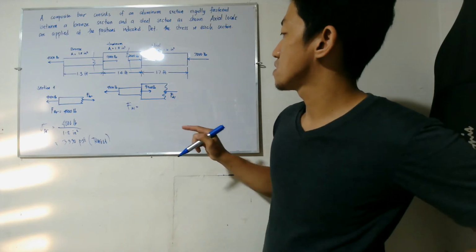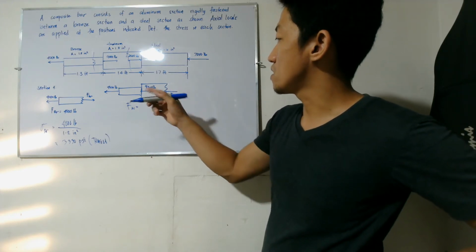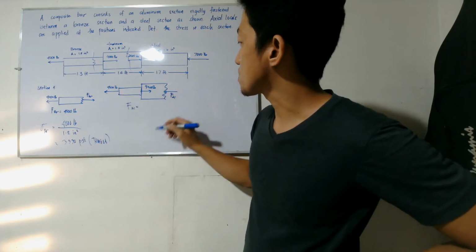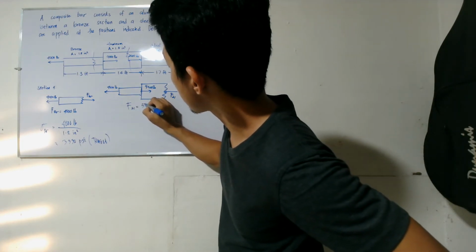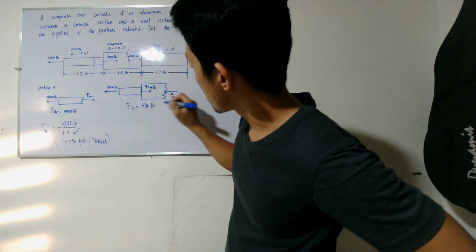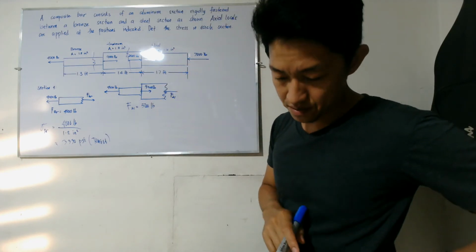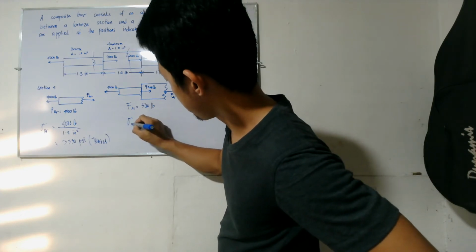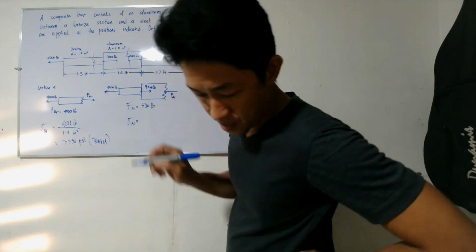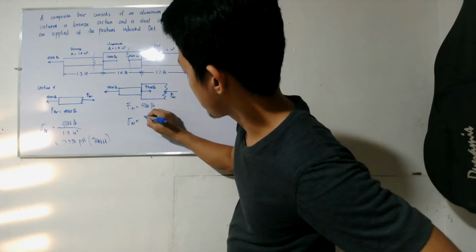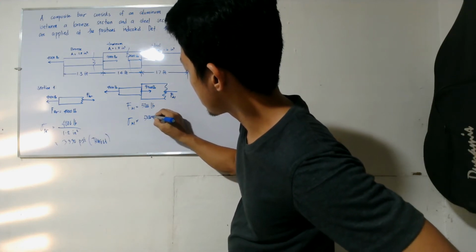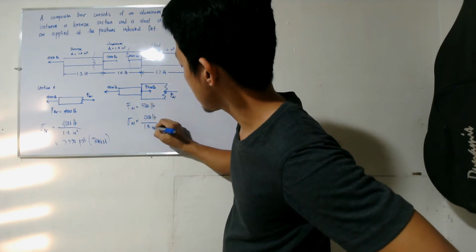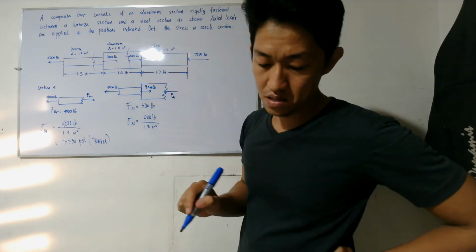If we add the forces along X, you have 9,000 minus 4,000, so this is 5,000 pounds going to the left. Therefore, the stress in the aluminum is just 5,000 pounds over 1.8 square inches.